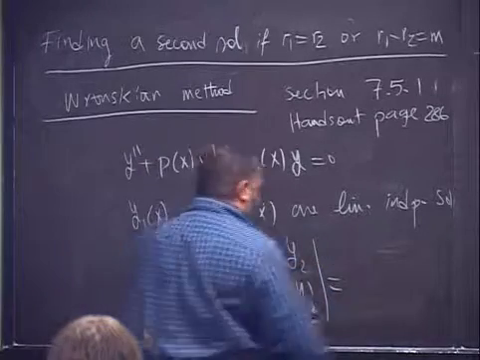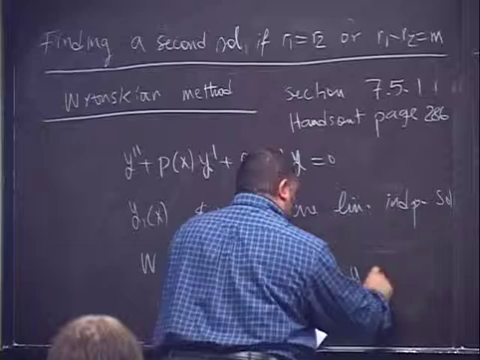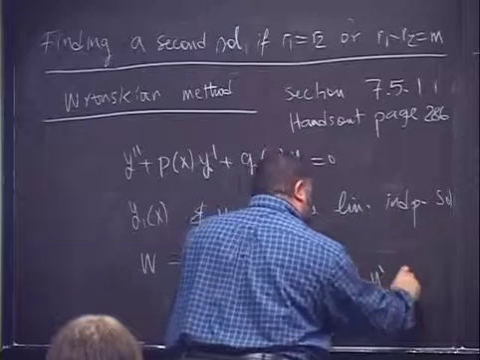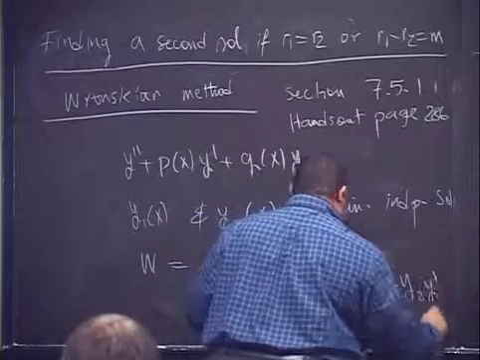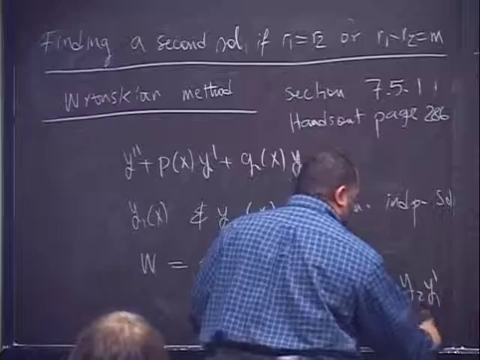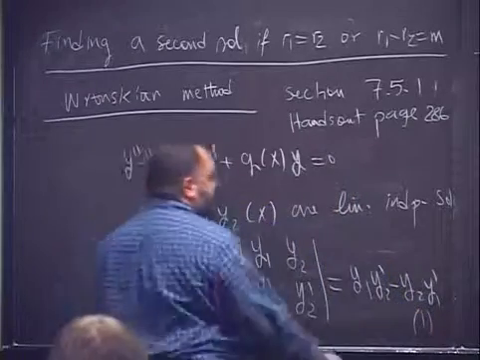This is just y1 y2 prime minus y2 y1 prime, and we will call this equation number 1.